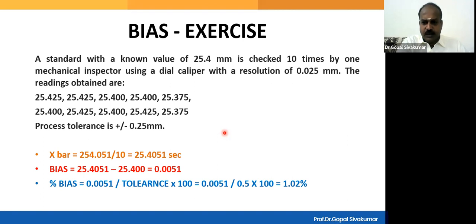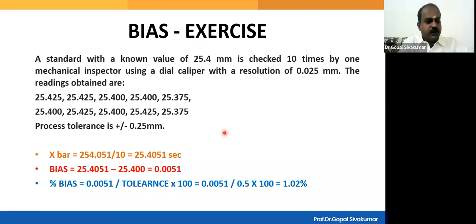But I have given you a standard workpiece. The dimension of the standard workpiece is 100 mm. But what are you entering in your data sheet? The 100 mm dimension is entered as 102. Now there is a difference. Your observed value is 102, but the true value is 100. Now this difference is called bias.